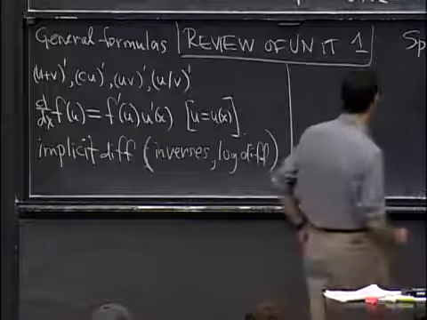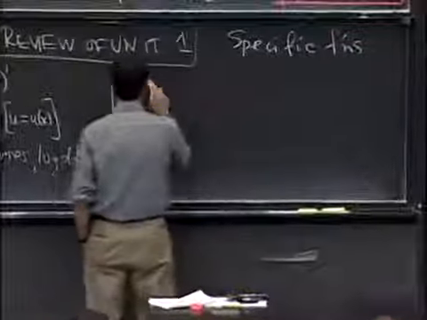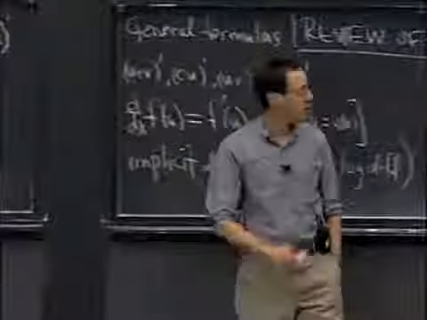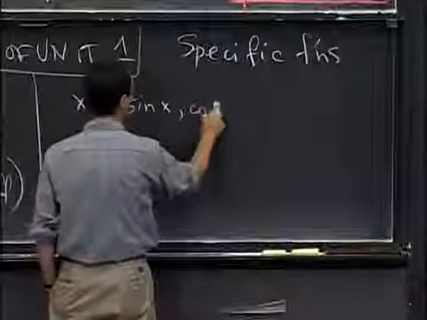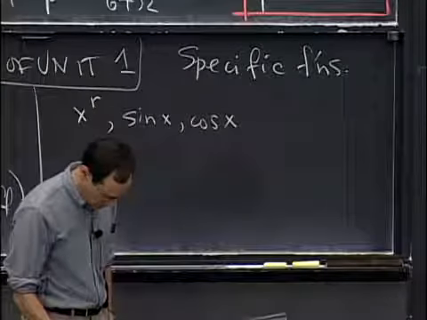So now the specific functions that you know how to differentiate. Well, you know how to differentiate now x to the r thanks to what I just did. We have the sine and the cosine function, which you're responsible for knowing what their derivatives are.